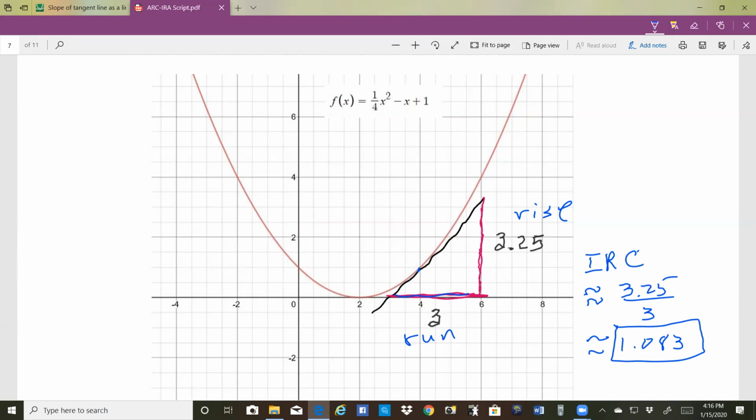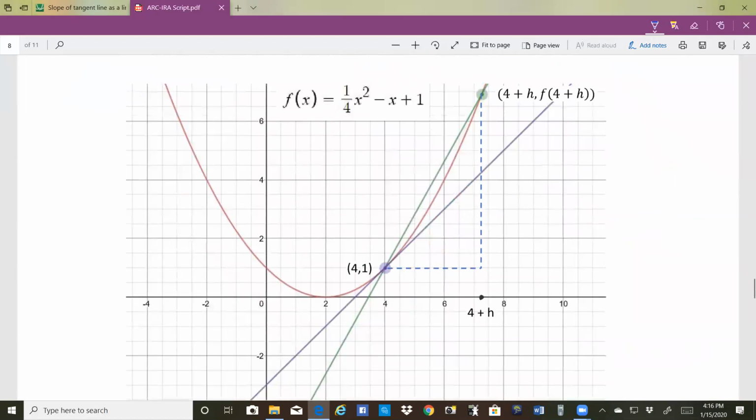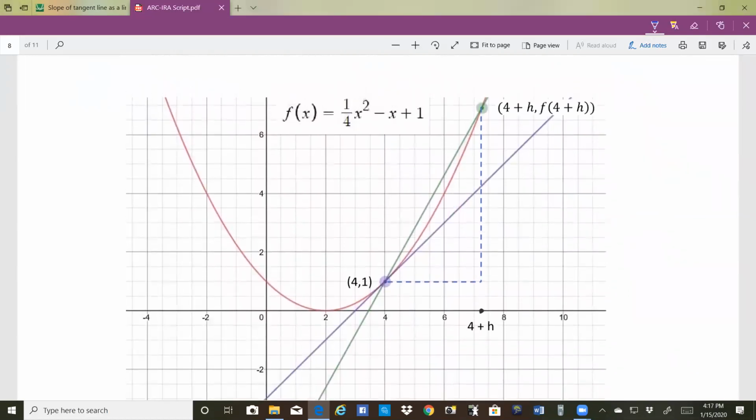Now I'm going to go to an example of an app we're going to use in a moment to show you how we calculate the instantaneous rate of change exactly. Let's go back to the point (4, 1), and let's go to another point where x is equal to 4 plus h.